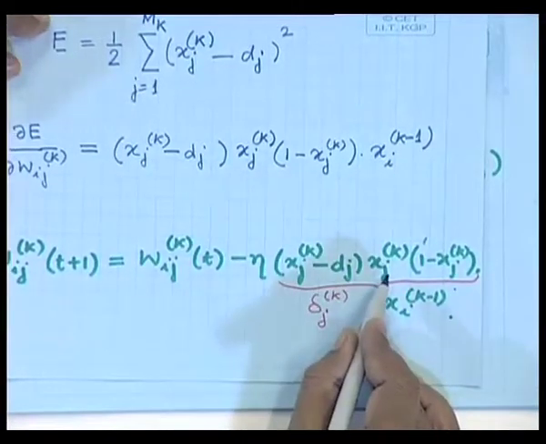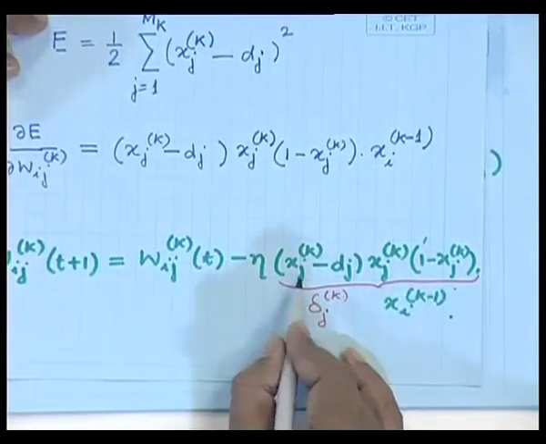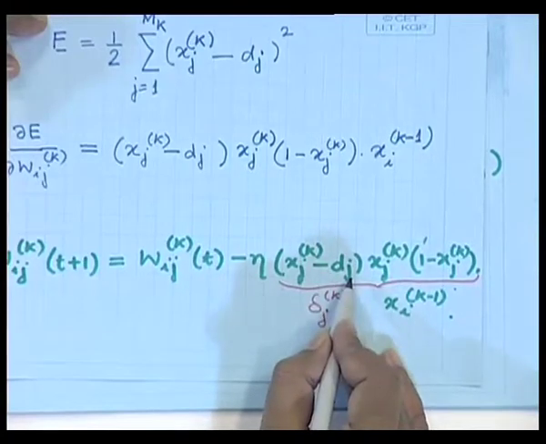X_jK into (1 minus x_jK) into (x_jK minus d_j).